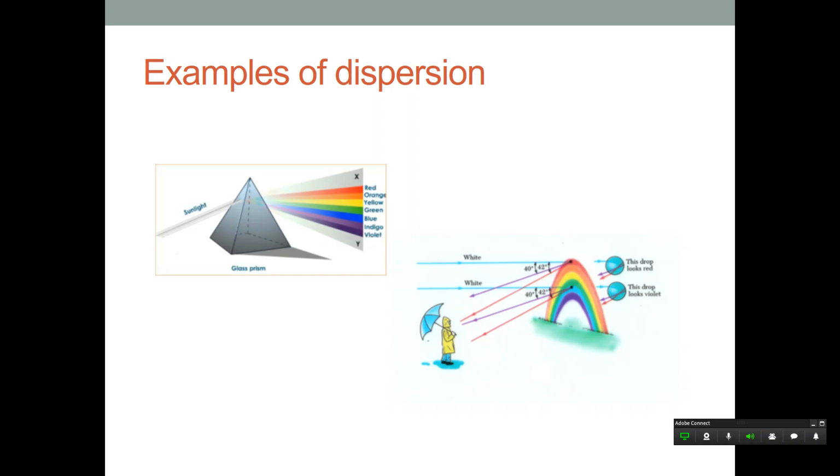So it's going to split the beam of white light into its colors. And that's what you see in this classical prism thing, and that's why you see a rainbow. In the case of a rainbow, the raindrops are doing the dispersion, and in this case, it's a prism that's doing the dispersion.